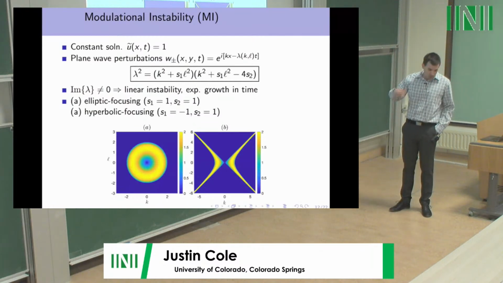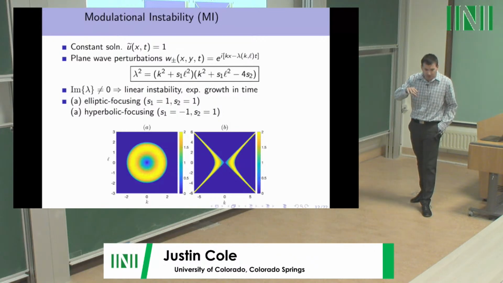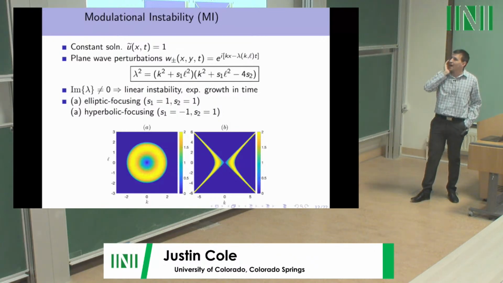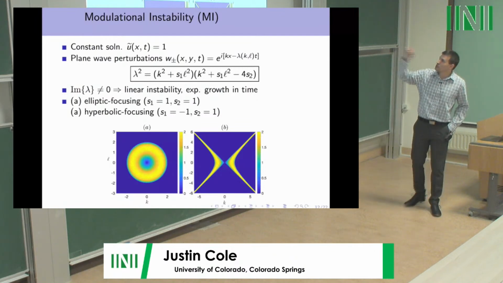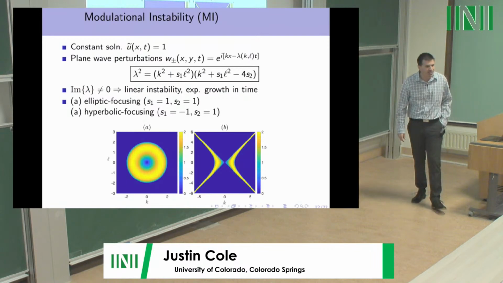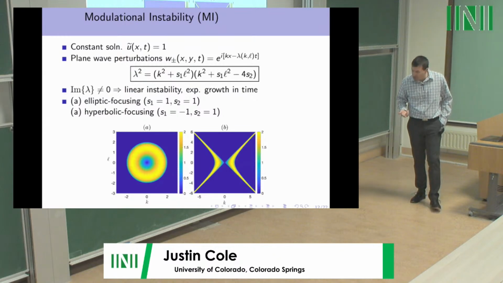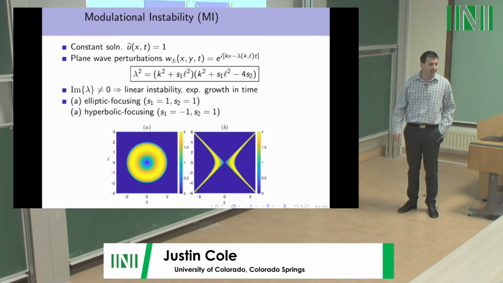Lambda satisfies, when one takes this and solves the linear stability equation of the previous slide, this algebraic equation right here. If lambda has a non-zero imaginary part, as I've chosen my form right there, then we have exponential growth in time. If there is a non-zero imaginary part, we call that linear instability.